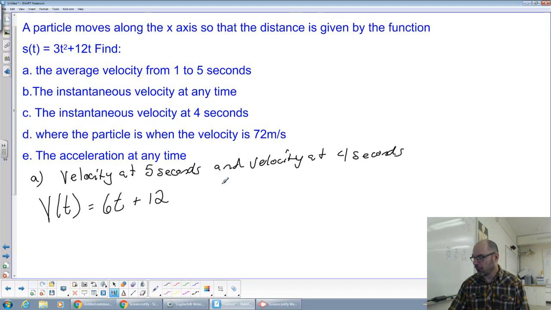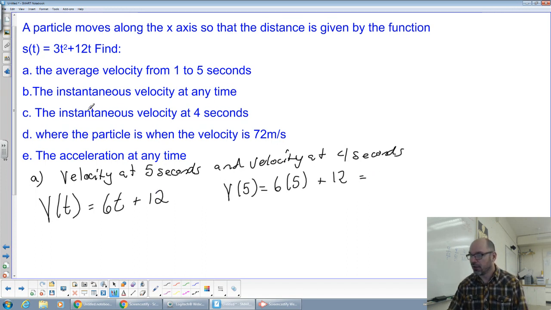So then therefore, if we go velocity at 5 seconds, it's going to be 6 times 5 plus 12. Okay, and this is in meters per second. So this is going to be 42 meters a second. So that's its instantaneous velocity at 5 seconds.